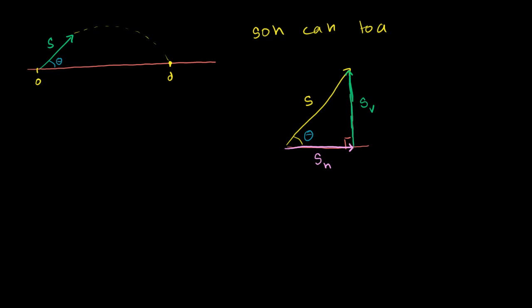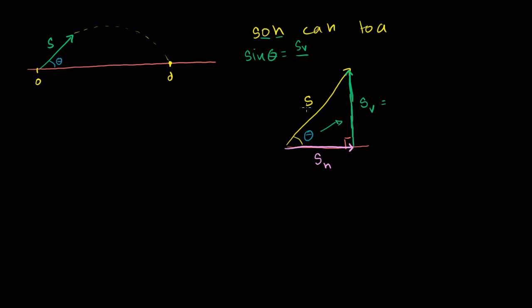So what's the vertical component going to be? Well, the vertical component is opposite this theta, and we know the hypotenuse is s, so we could use sine, because that deals with the opposite and the hypotenuse. And the sine function tells us that sine of theta, let me do this in green, since we're doing all the vertical stuff in green, is going to be equal to opposite, which is the magnitude of our vertical velocity, this side right here, over our hypotenuse.